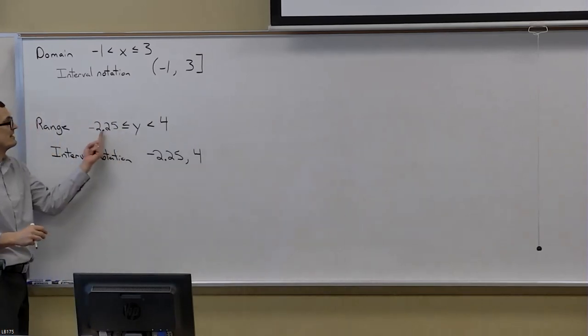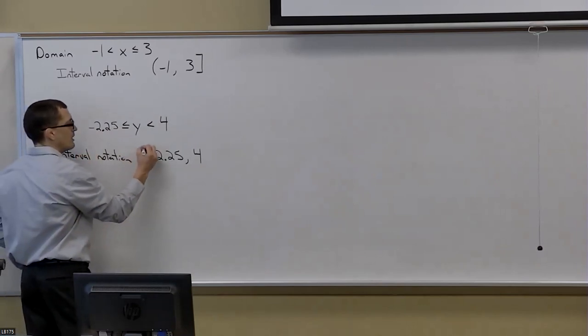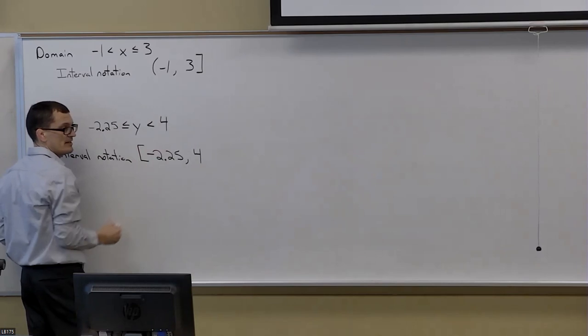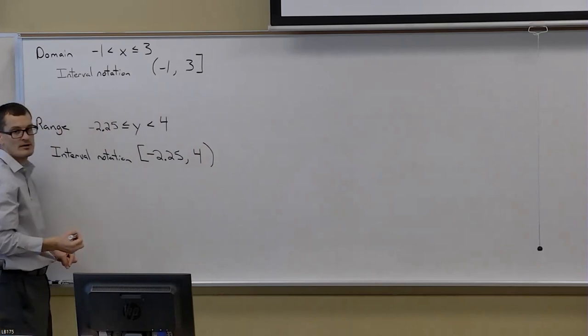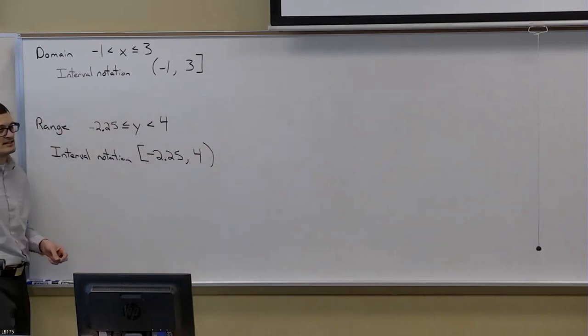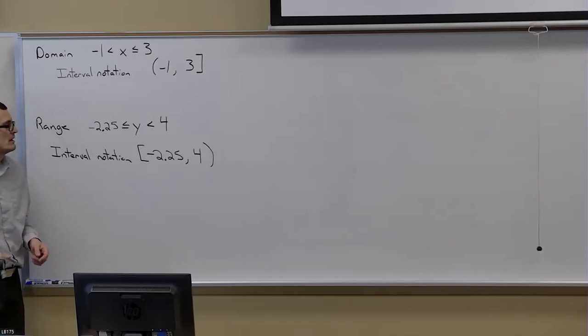Because my graph touches -2.25 as a y value, I put a square bracket on that side, and I put a parenthesis with the 4 because my graph does not touch the value of 4. Interval notation has those square brackets and parentheses for when you can touch and when you cannot touch.